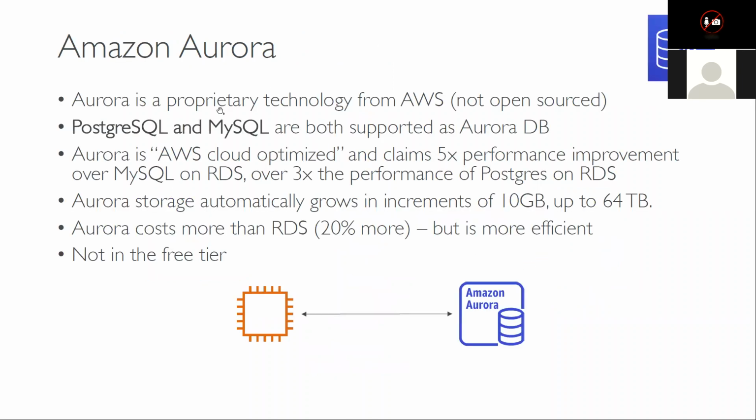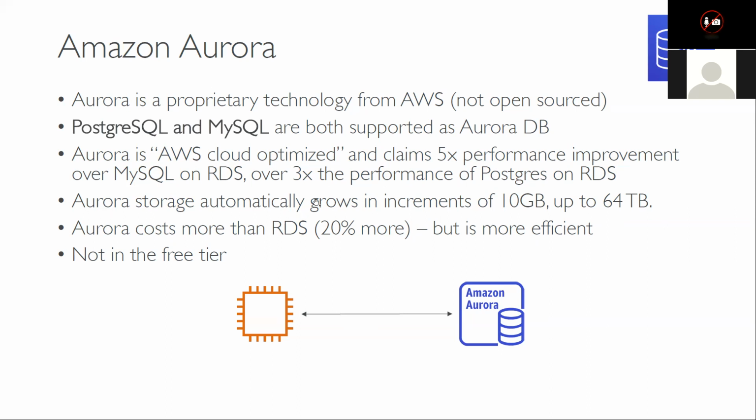Aurora is owned by AWS, okay, not open source. Postgres and MySQL are supported as Aurora DB. Aurora is AWS Cloud Optimized. Because it's theirs and they made it, it's already optimized. They say it has 5 times more performance compared to open source MySQL, and 3 times better than Postgres. Postgres database is open source as well.